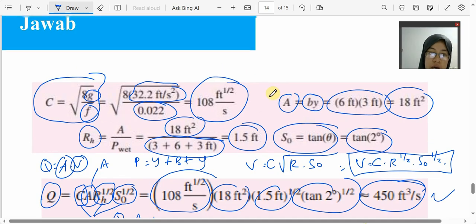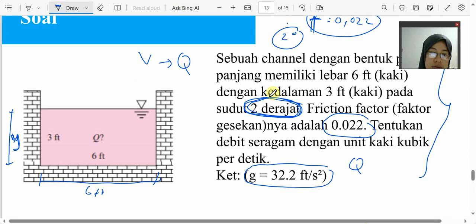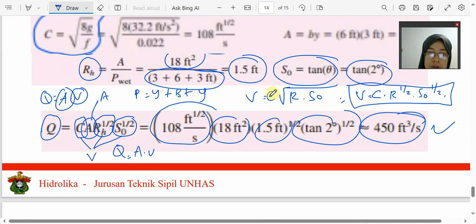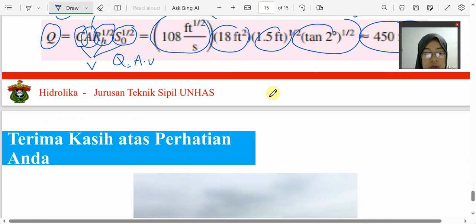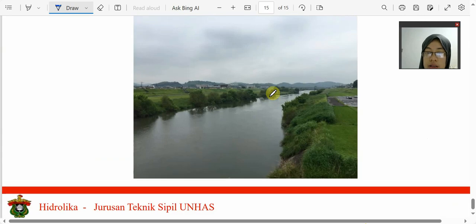So that's how we answer this example problem using what we already learned in these lectures.